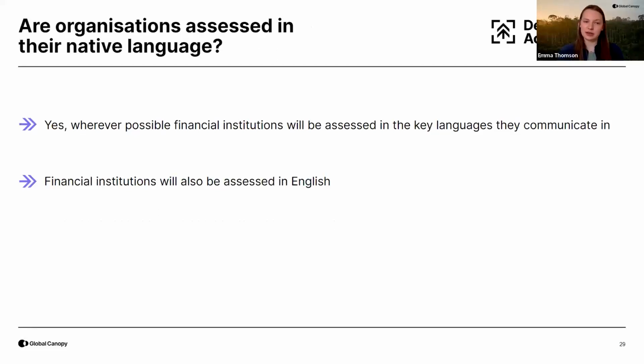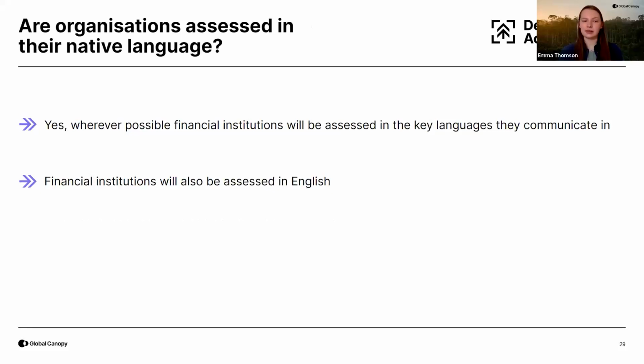One of the questions which I think has also come in through the Q&A box is whether organizations are assessed in their native language or just in English. And wherever possible, financial institutions will be assessed in the key languages that they communicate in, and that is specifically defined as the national language of the country where the financial institution is headquartered.